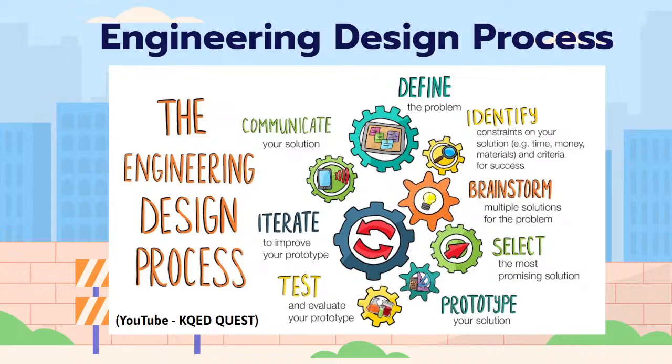But it doesn't end there. You go back into defining another problem, because once you find a problem and you find a solution to it, I promise you, you will find another problem. Maybe right now you're working with water flow, but maybe you need to look at the environment, what the dam is being surrounded by.